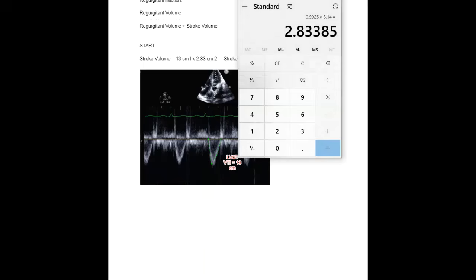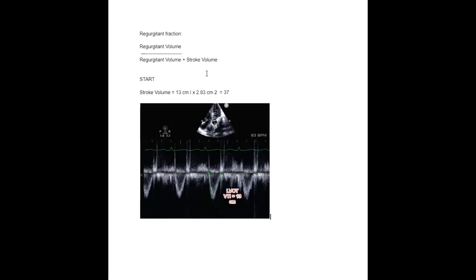So if we multiply 2.83 by 13 centimeters, we will get a stroke volume that is actually super tiny, which is 35. Or 36? 36. Well, let's go up to 37. So you already see there's a huge problem where a regurgitant volume is significantly larger than a stroke volume.